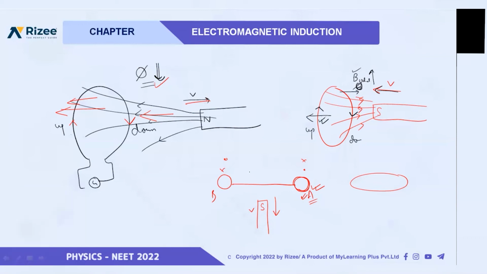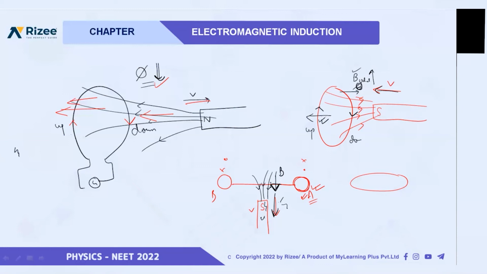One more thing: the south pole means the magnetic field is like this, and now you are moving it downward. That means flux linkage is decreasing, so the coil will try to produce a magnetic field in this direction only, to support it.